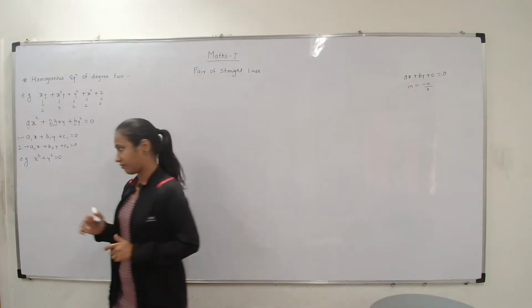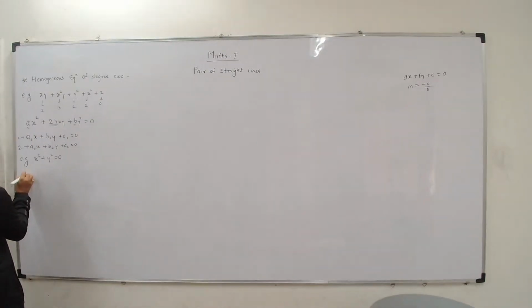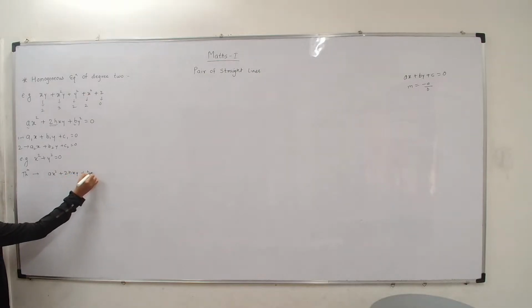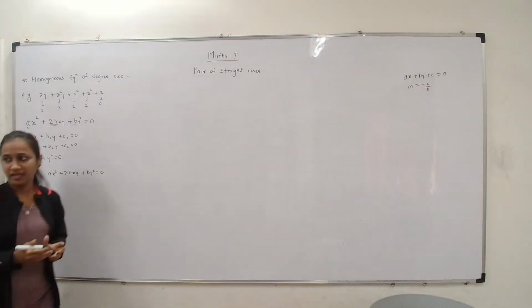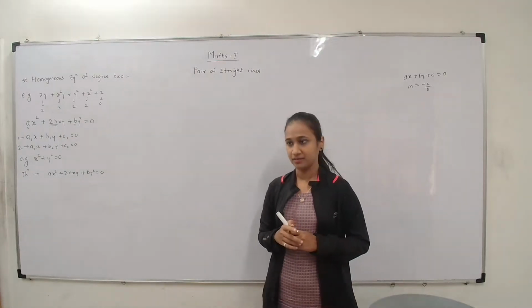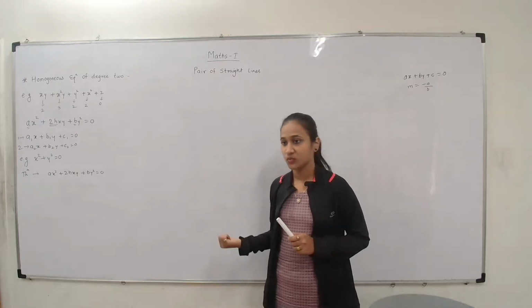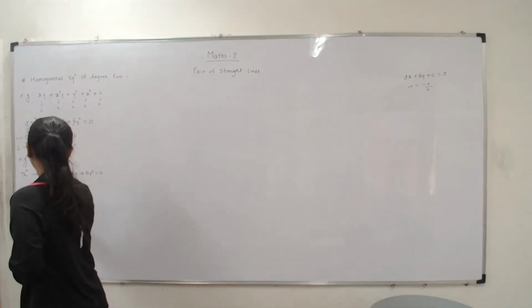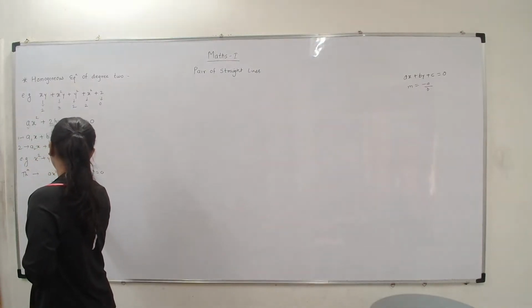And the theorem is: if ax square plus 2hxy plus by square is equal to 0 is the combined equation of a pair of straight lines passing through the origin, then this will represent the combined equation only if h square minus ab is greater than or equal to 0.